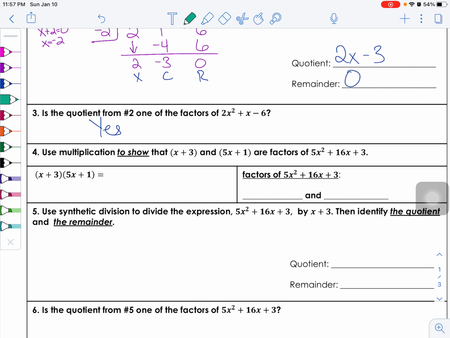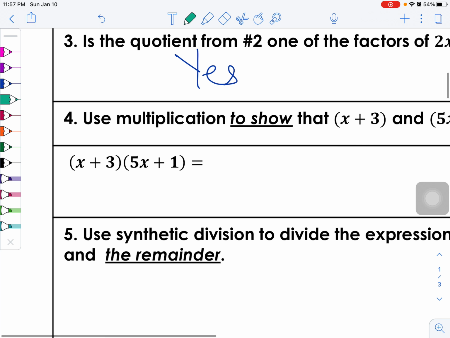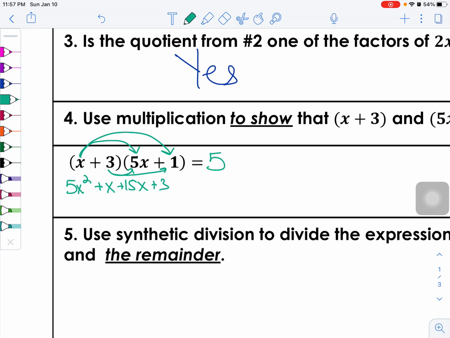Okay. So problem number 4, a couple of parts here. Use multiplication to show that we've got two factors. So let me go ahead and multiply. A little practice here with the distributive property. So 5x squared plus an x plus 15x plus 3.